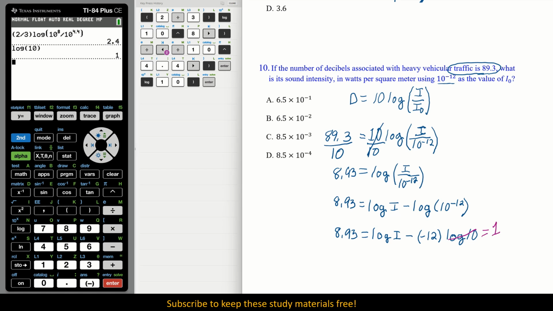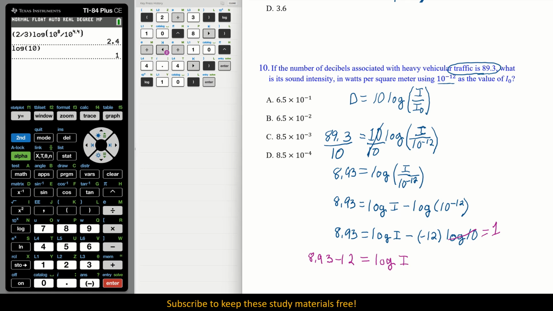A negative times a negative is a positive, so we move that positive 12 to the other side, and then it will become negative. So now what do we actually have? We have 8.93 minus 12 equals log of I.